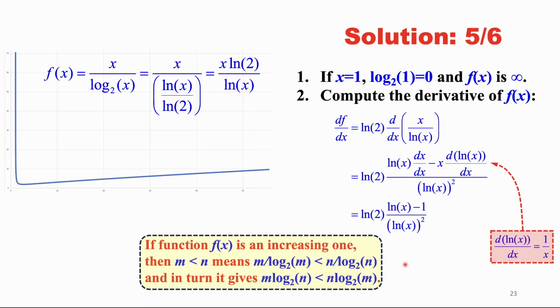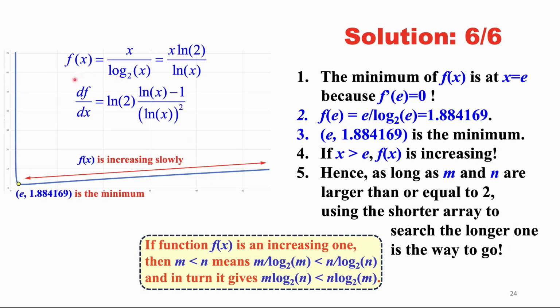Therefore, the derivative of f is log 2 times log x minus 1 over log x squared. We are almost there. Let's copy the derivative of x over log x here. Now you know we have a curve like this. To compute the minimum of this curve, we just set df over dx to 0. By setting this equation to 0, it means log x must be equal to 1.